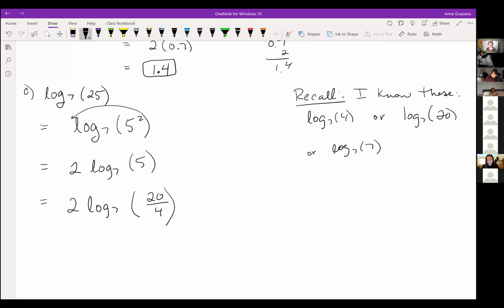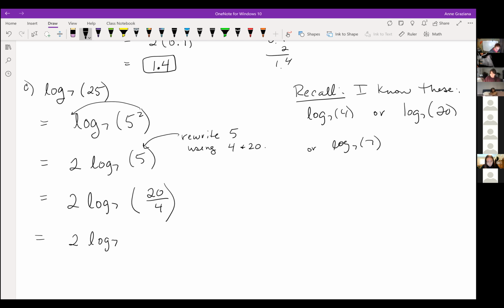So 4 times 5 is 20, but I want to rewrite 5 using 4 and 20. So it's the same as 20 divided by 4. This will give me 2 times log base 7 of 20 minus log base 7 of 4.